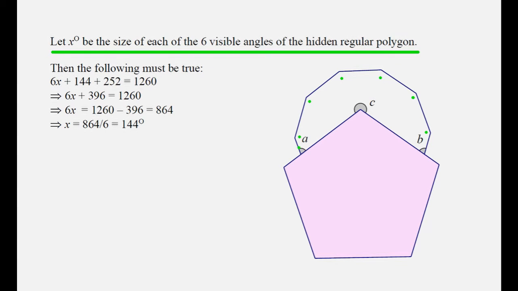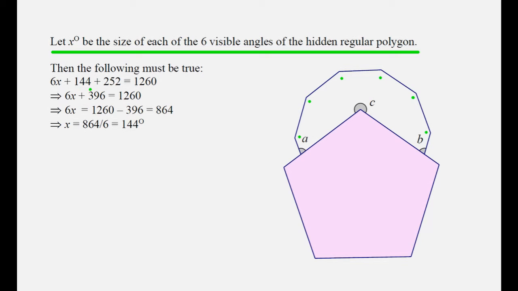Okay, the part of the regular polygon that's visible has 9 sides and it has 9 angles. 3 of those 9 angles are A, B, and C, and 6 of them are each x. So 6x representing the 6 dots, A plus B together is 144.